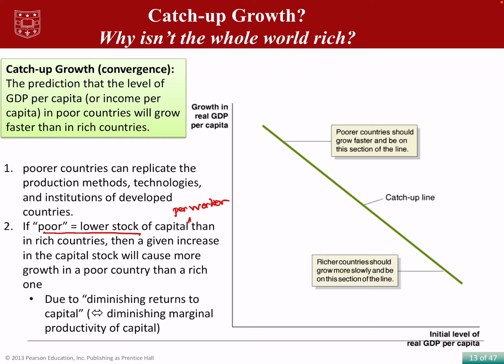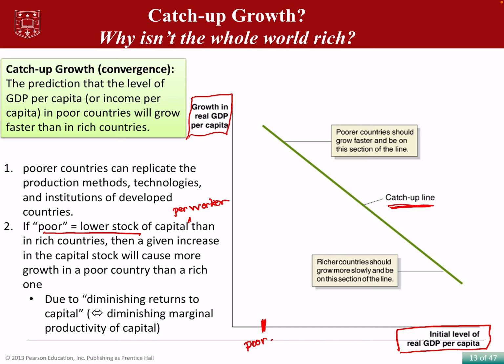So in other words, we might posit that we could order countries along this line according to their initial level of real GDP per capita and their subsequent growth rate in real GDP per capita. If you had a country that was down here, this would be a relatively poor country.